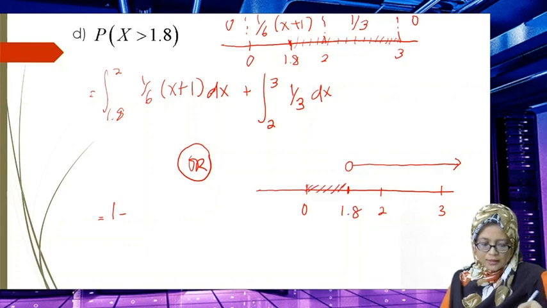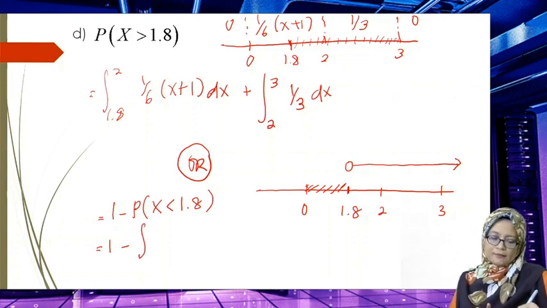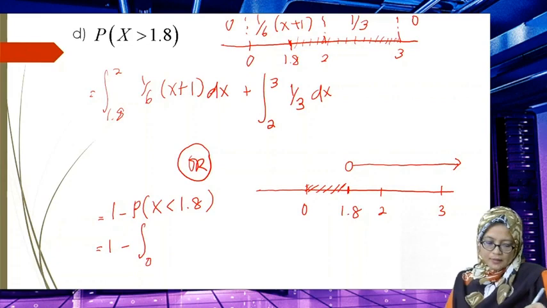Maksudnya semua sekali total dia adalah 1 tolak probability x less than 1.8. So ini 1 tolak probability start daripada less than, maksudnya awak punya starting interval adalah 0 sampai 1.8.